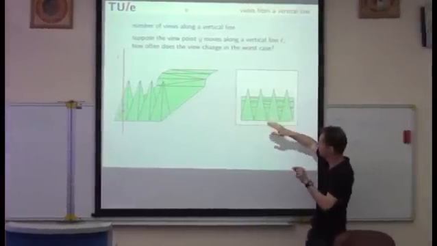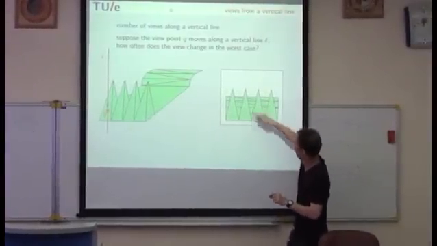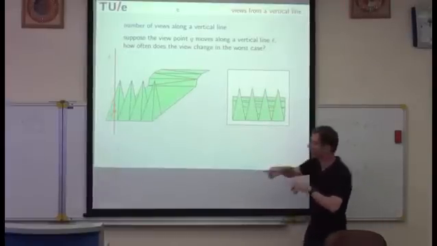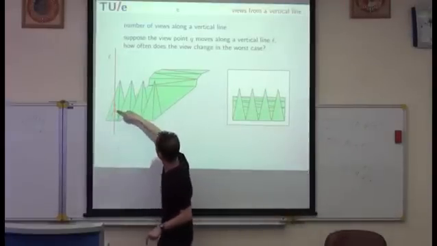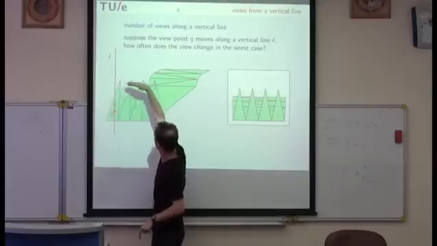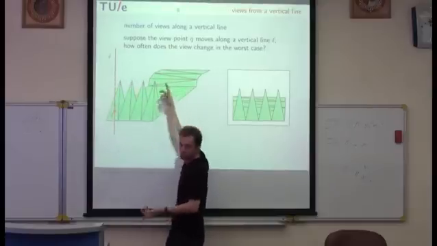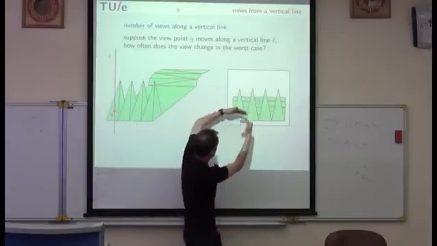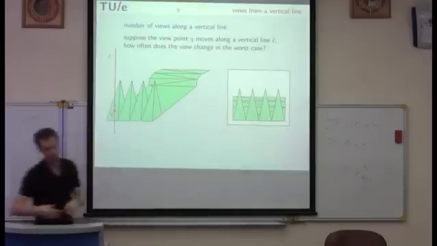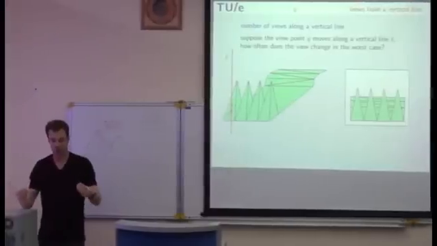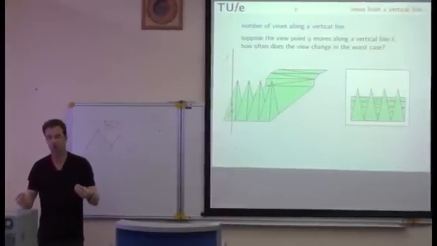what happens? Well, you can imagine that essentially these peaks go down, until at some point, maybe when I'm here, when you look over these peaks, you see here. So you can imagine that this view changes. So now I wonder, how often do I get a change in the view? And what do I mean by change in the view?